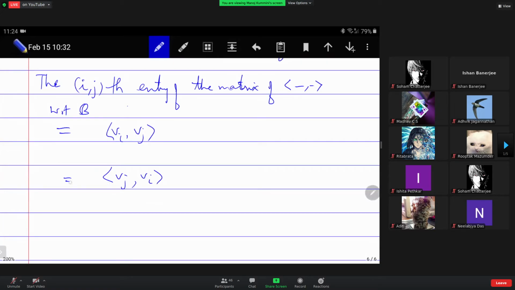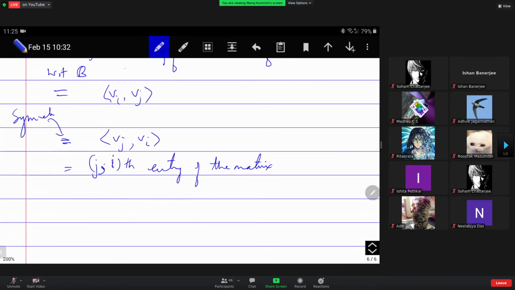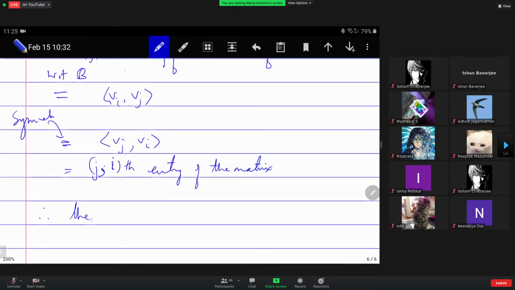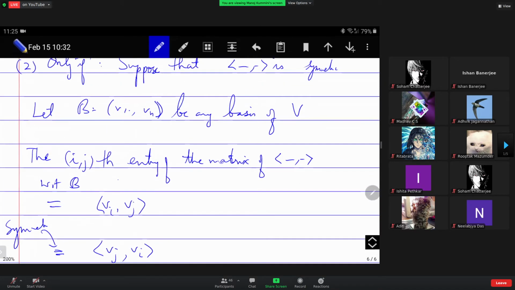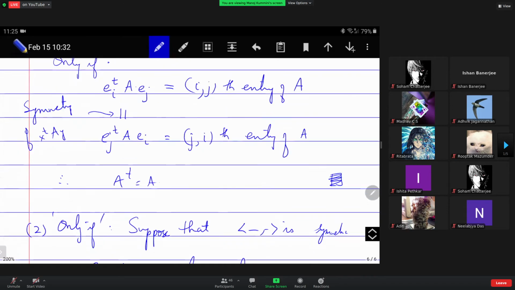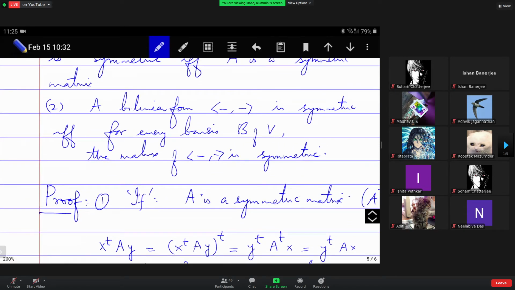Okay. This is by symmetry of the form. And this is the same thing. It says this is the jith entry of the matrix. Okay. So therefore, the matrix is symmetric. Okay, this is an arbitrary B, so this holds. Okay, so this proves the only if part. Okay. And for the if, we actually need that it works for one basis.